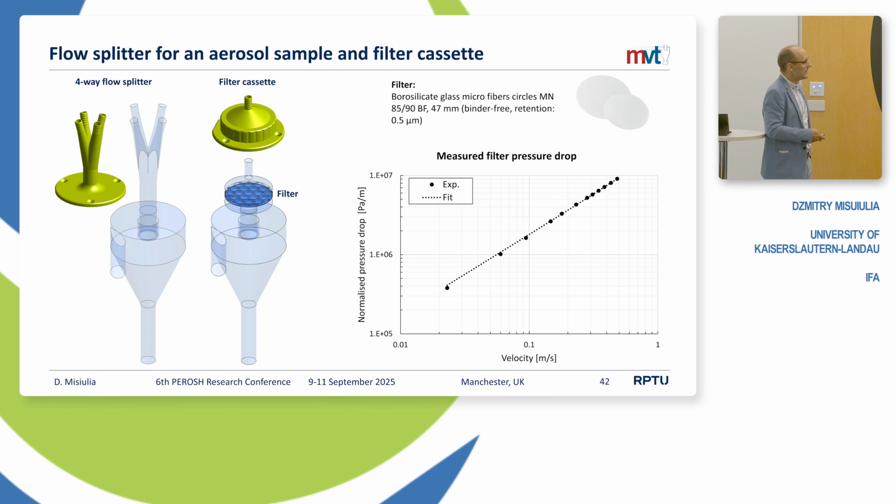To reduce these particle losses and diminish this effect, a four-way flow splitter was developed. For the test, this flow splitter has the same diameter as the outlet of the cyclone, so it's assumed that it shouldn't affect the flow field in the cyclone. Additionally, the cyclone with the filter cassette, which is supposed to be used in real applications, was simulated. The filter was modeled as a porous medium, and the permeability and pressure resistance coefficients were determined from experimental measurements.